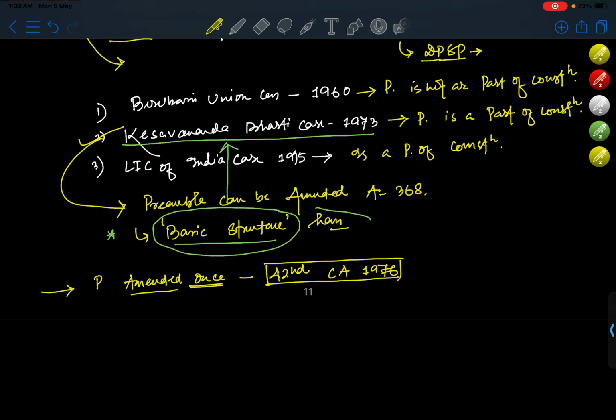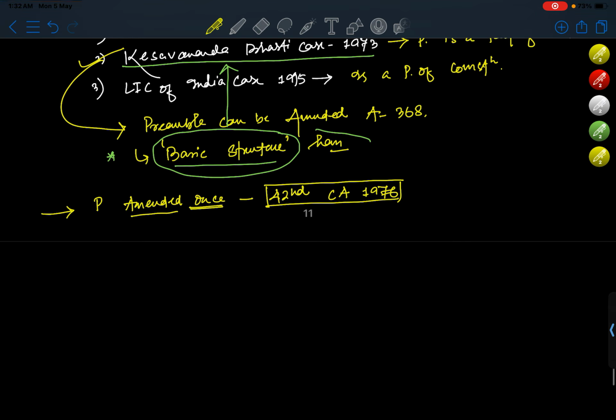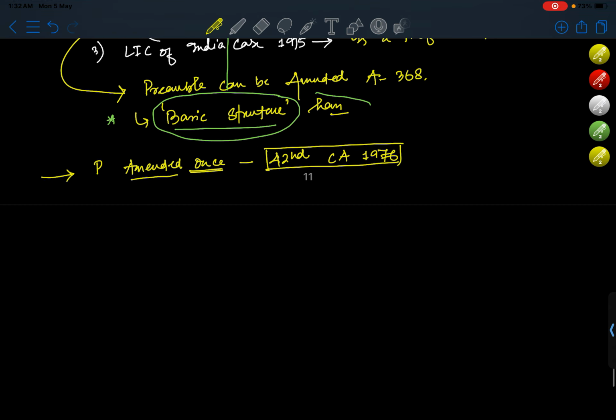some more facts, as I already discussed. August 15, 1947, we passed a law, that is the Indian Independence Act.